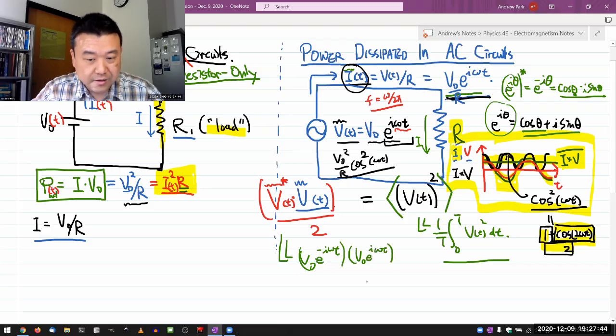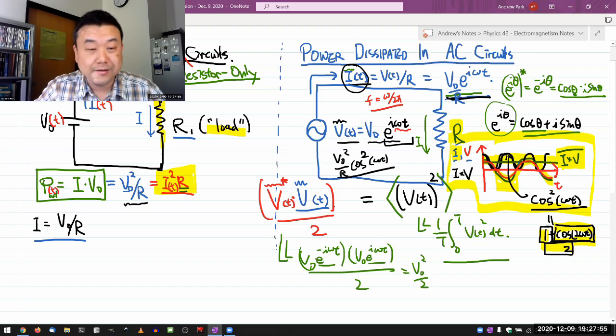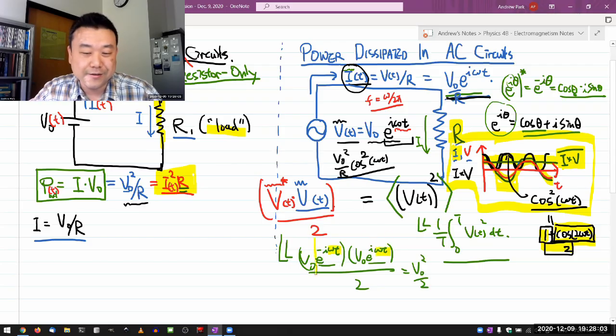It's the same calculation I did before, divided by 2. So it's v naught squared over 2, e to the minus I omega t cancels out with e to the I omega t. The difference from what I did before is that because it's the same function to itself, there is no possibility of these two frequencies being different. So this complex factor is guaranteed to cancel out.